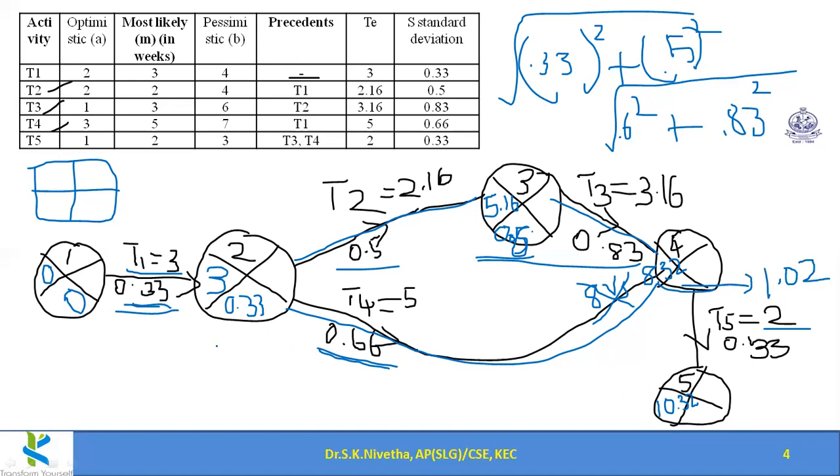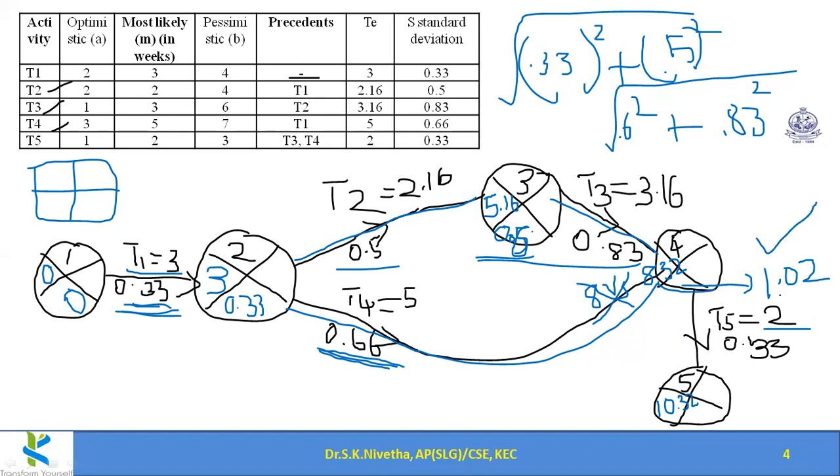But still we have to check: 0.33 whole square plus 0.66 whole square. Okay, so that is lesser. So we shall take this value 1.02.